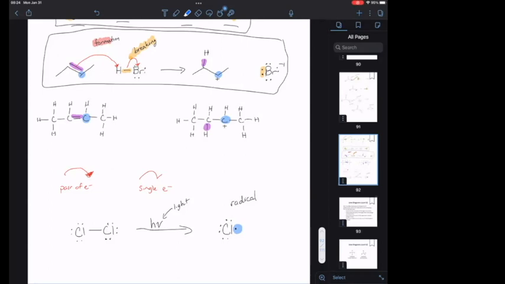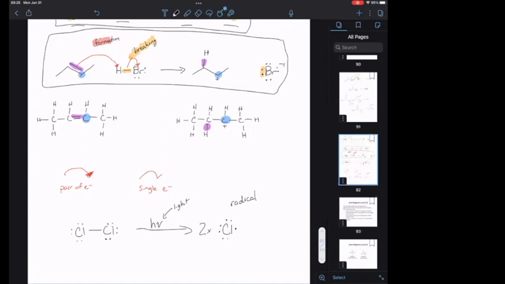It's a highly reactive species. So these radicals are incredibly reactive. Those electrons don't like to be unpaired, basically. So when you see that single electron, you think violence. That thing is crazy, all right? It's going to go sticking itself wherever it possibly can.